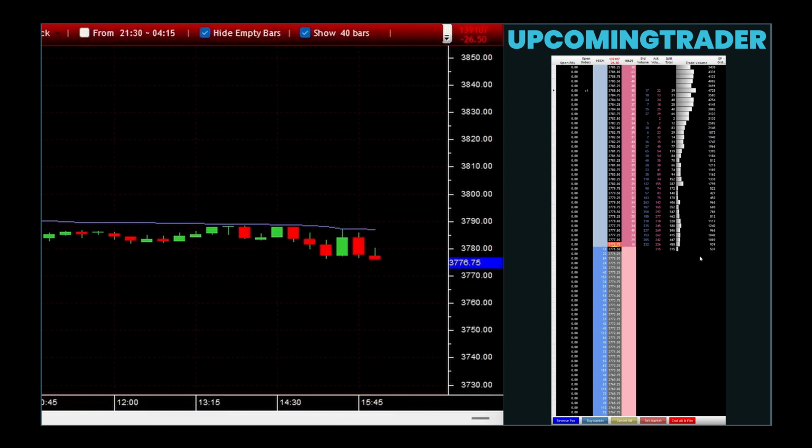Higher volume on the day of the shooting star indicates stronger seller pressure, reinforcing the potential for a bearish reversal. Furthermore, confirmation from subsequent trading sessions, such as a follow-up candlestick closing lower, can provide further evidence that a reversal is likely.